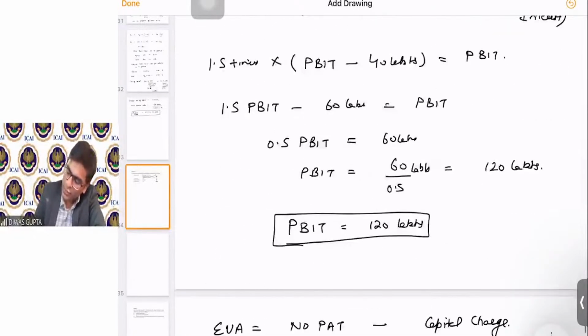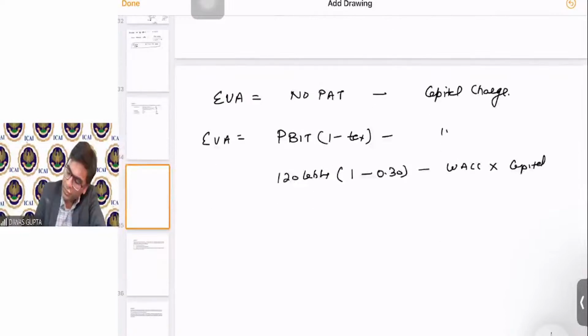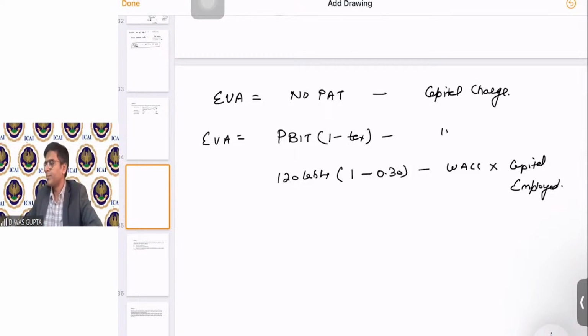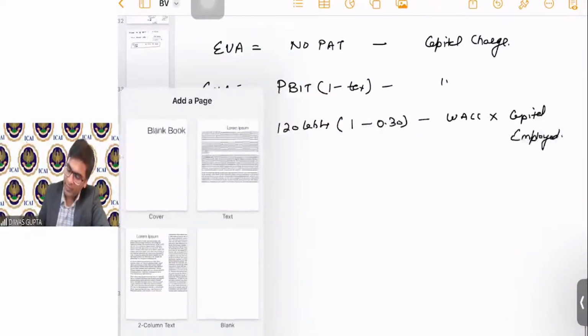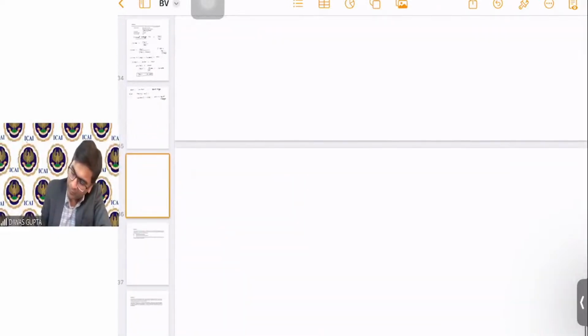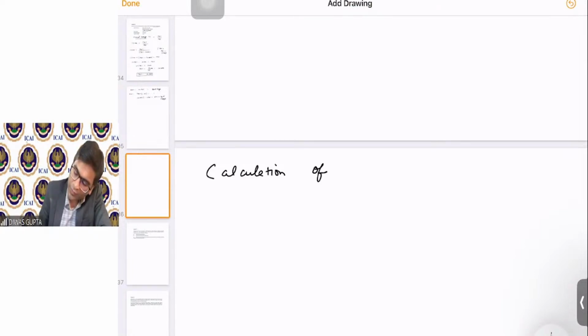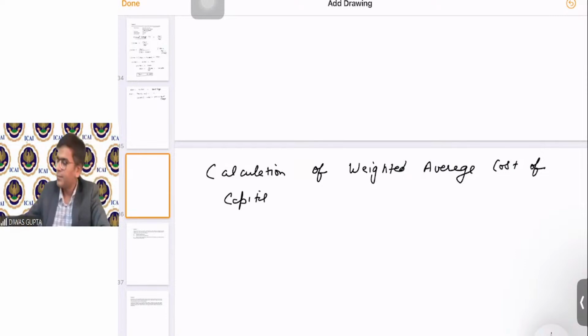Okay, let's do it like this. WACC into capital employed. So here, let us calculate WACC. On the next page, let me calculate WACC. Calculation of weighted average cost of capital.